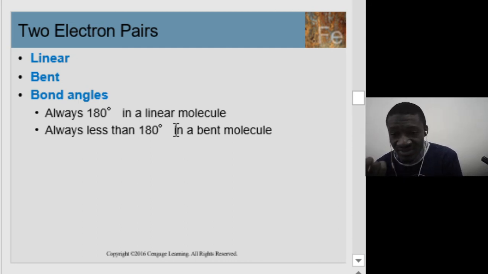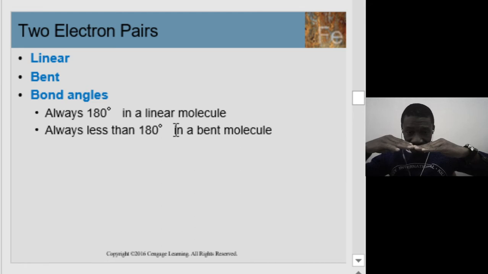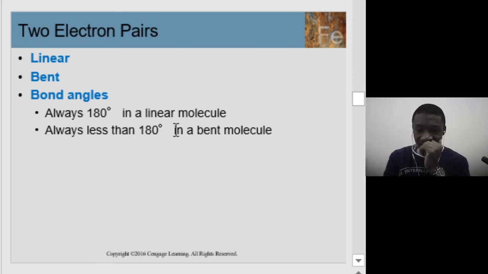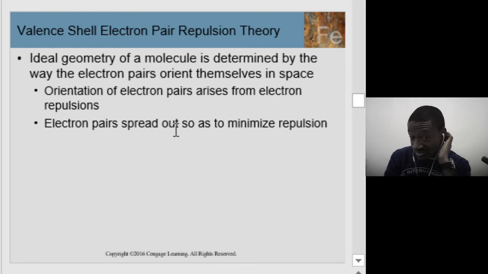So always 180 in the linear and then less than 180 in the bent. As I said, linear is like this, then bent is like this. So it's 180 or less than 180. Those of us that know geometry will enjoy ourselves.